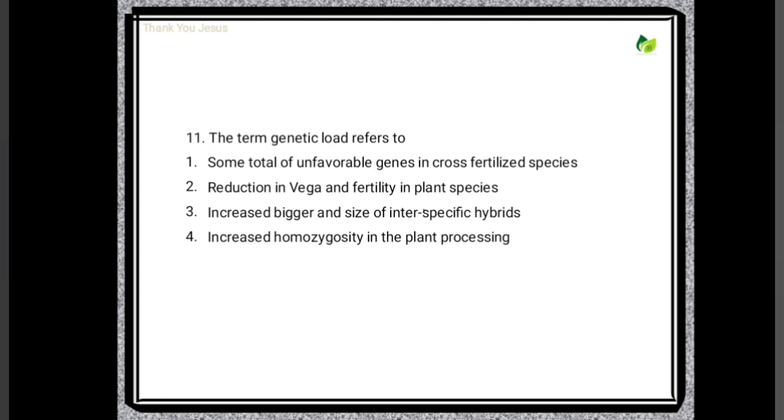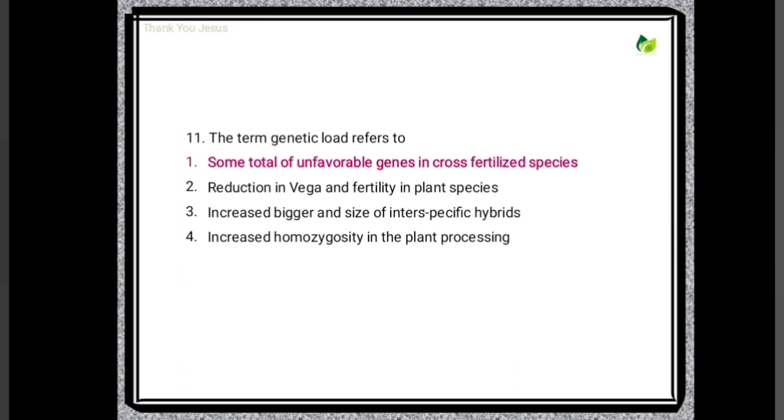The term genetic load refers to. Options are sum total of unfavorable genes in cross fertilized species, reduction in vigor and fertility in plant species, increased vigor and size of interspecific hybrids, increased homozygosity in the plant progeny.